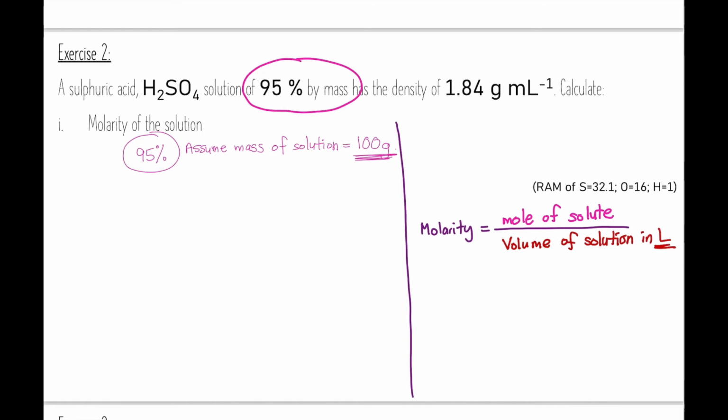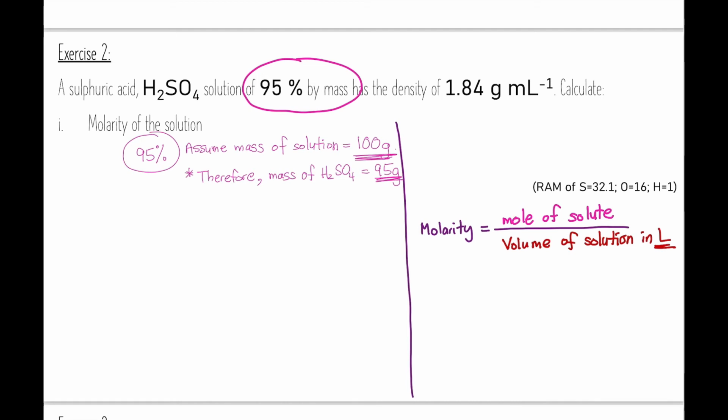Therefore, the mass of sulfuric acid, or the mass of H2SO4, is 95 grams.